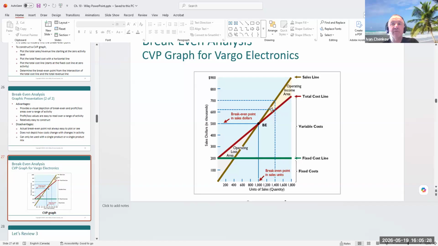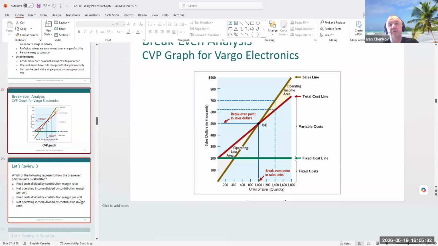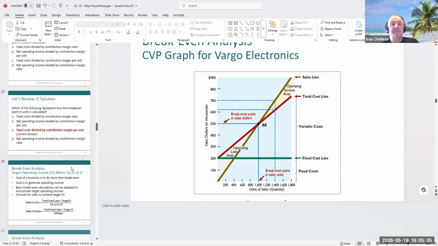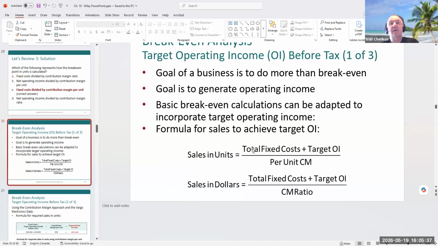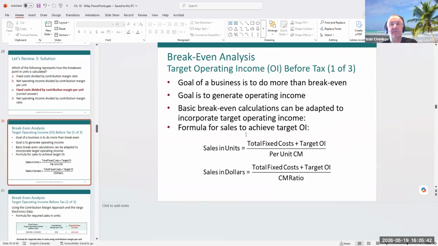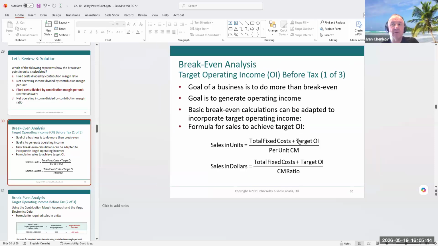How much will the profit be for a single unit? The contribution margin for that unit. Target operating income: if you want to achieve some amount as operating income, run the formulas, but add it to the numerator, or add it to the fixed cost. If you want to find the number of units, divide by the contribution margin per unit.